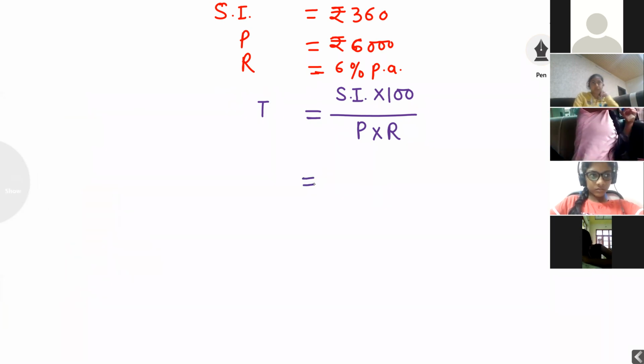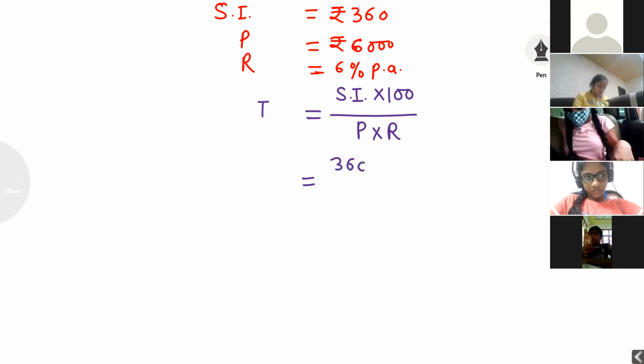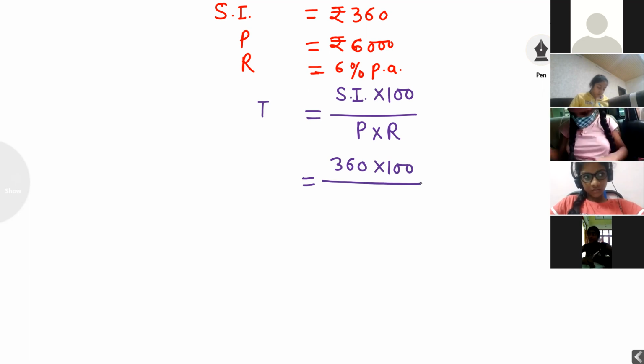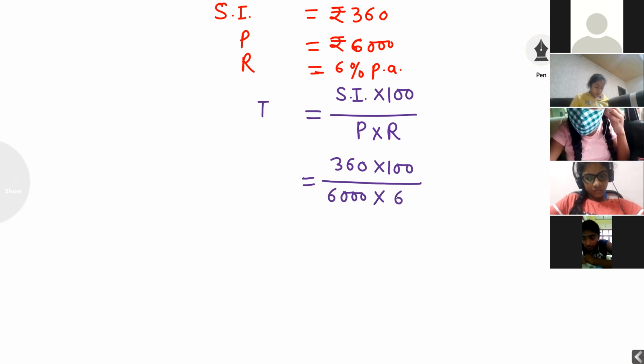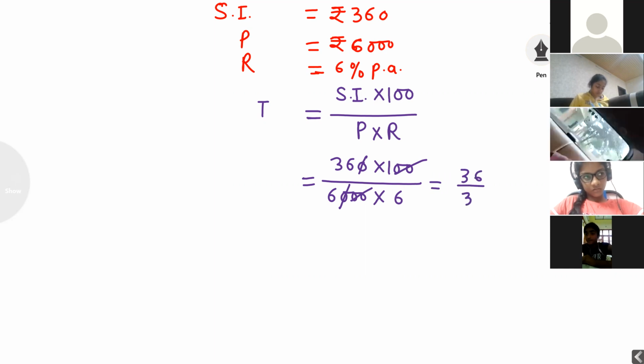Simple interest is 360 rupees into 100 divided by 6,000 into 6. Very simple calculation is there. This 20, this 20 cancel. This 10 cancel. 36 by 36 is equal to 1.